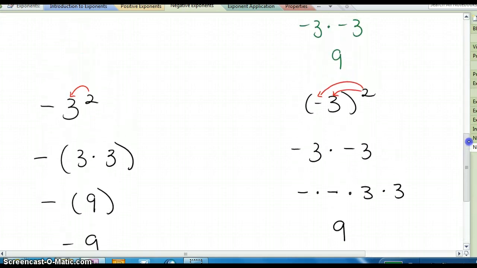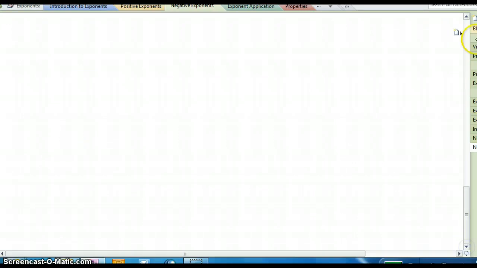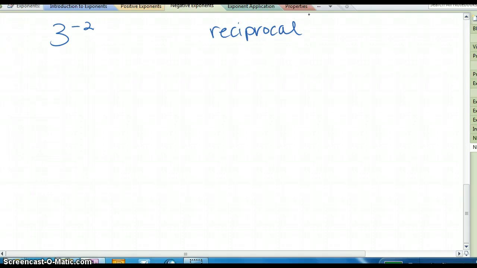So this is an example with negative bases, but notice the exponents are not negative. Well, here my base is positive, but my exponent is negative. So what does it mean? It means reciprocal. It's what a negative exponent means. And when you write this as a reciprocal, the exponent becomes positive.